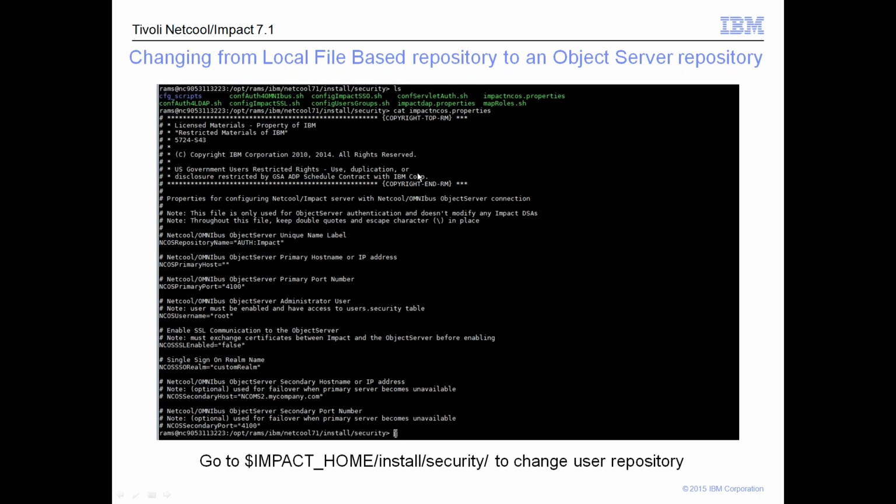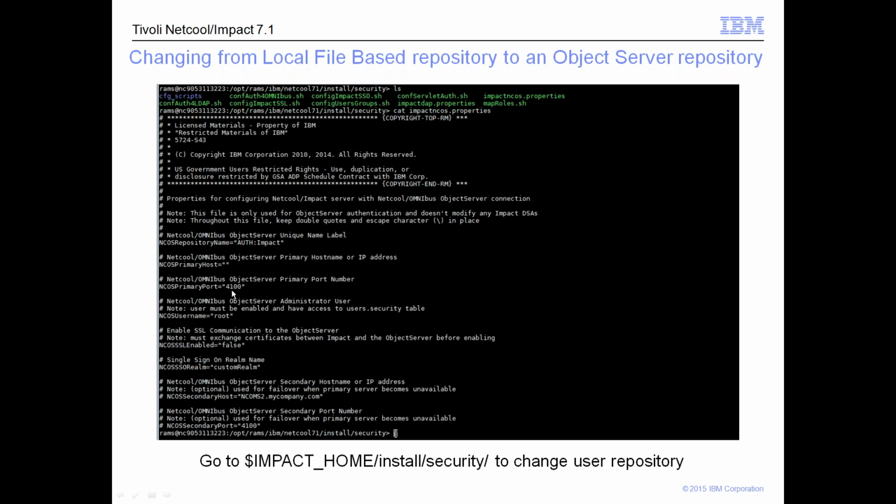So let's talk about now changing it over to the object server repository. We go to the Impact Home install security directory. The first thing you're going to want to do is configure the impact NOS properties file. This is what the default of that file looks like.